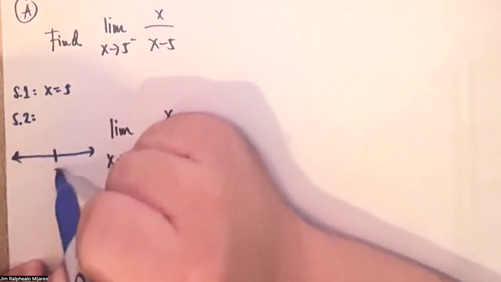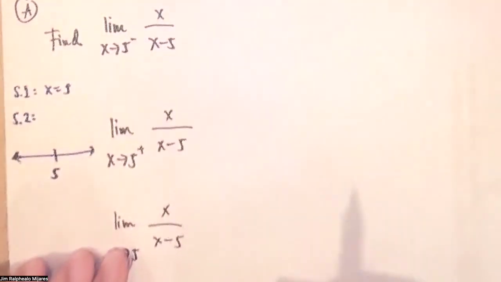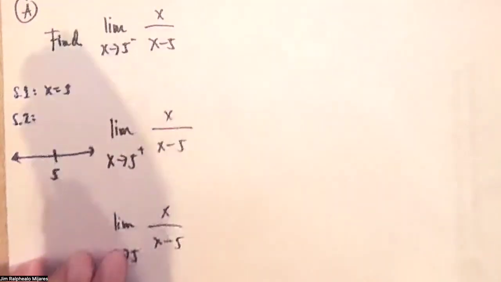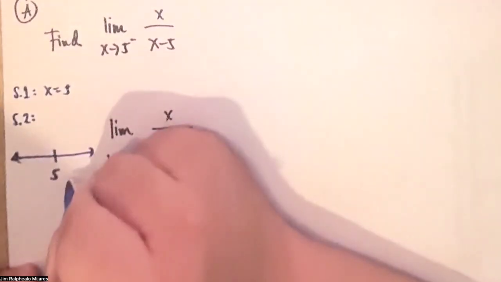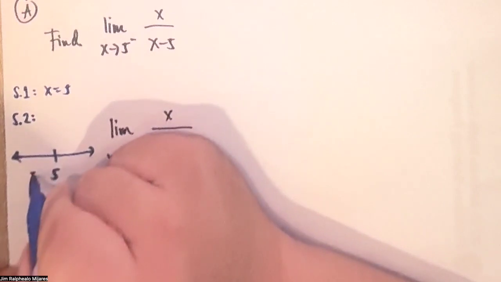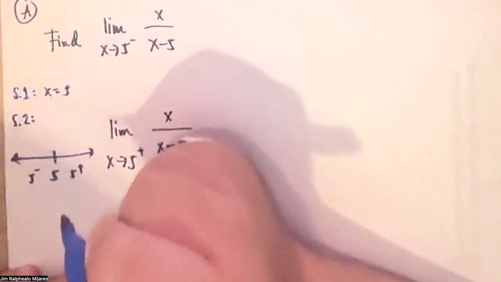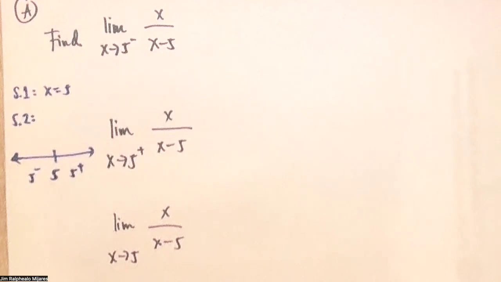Step 2 is, of course, the number line. So anything to the left of 5 is 5 to the left. Anything to the right is 5 to the right. Now, step 3.